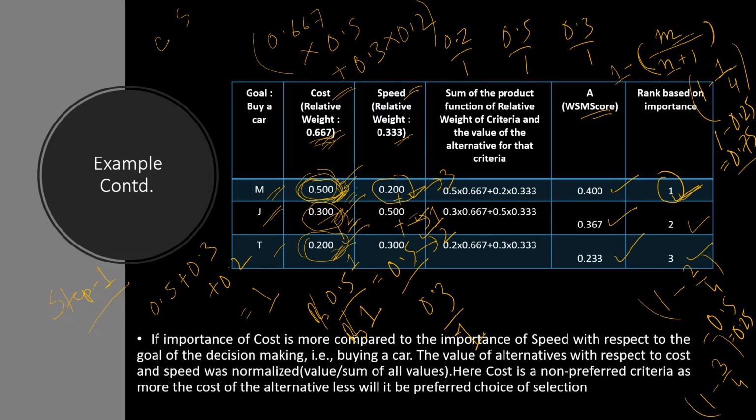Then, with respect to the WSM score, you again assign order to the alternative, where the alternative with the highest WSM score gets the best rank of importance, and the alternative with the lowest WSM score gets the worst rank of importance. So it was explained with this example. So this ends the WSM method.